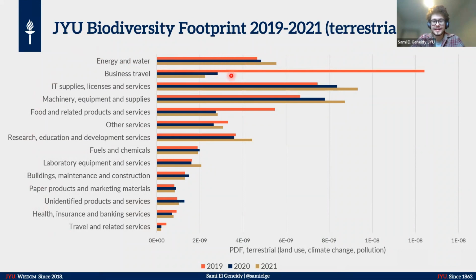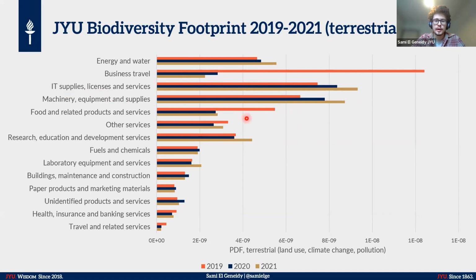We have had a lot of impact from business travel, however, it's dropped a lot. And now we also see a rising impact for IT supplies, machinery, equipment, and supplies. The impacts from these are increasing all the time.